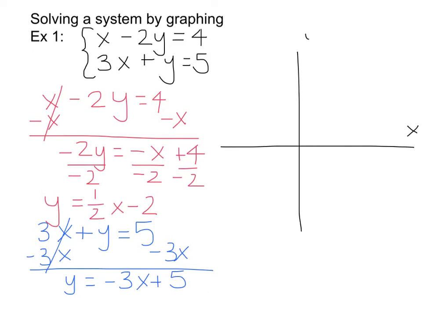X-axis, y-axis, okay, and we are going to first start with y equals positive 1/2 x minus 2. So I need to put a dot at negative 2 on my y-axis, and then my slope is 1/2, so that means I rise 1 and I go to the right 2.